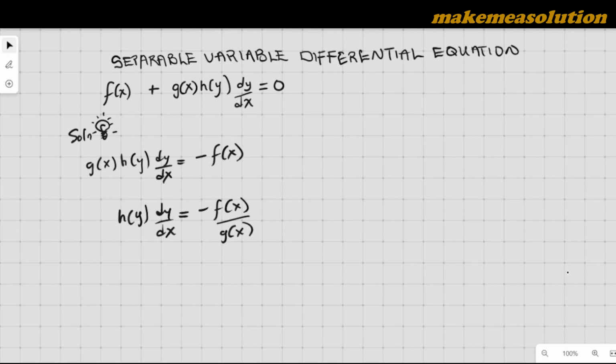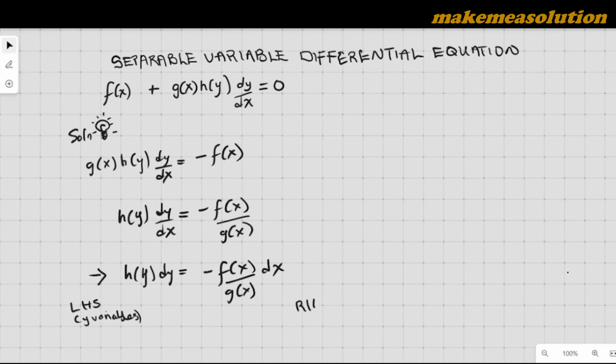So in this particular differential equation, we are going to now see h of y dy is equal to negative f of x over g of x dx. Okay, can you see now what we have in this particular differential equation is that on the left hand side we have y variables, and on the right hand side we have x variables.